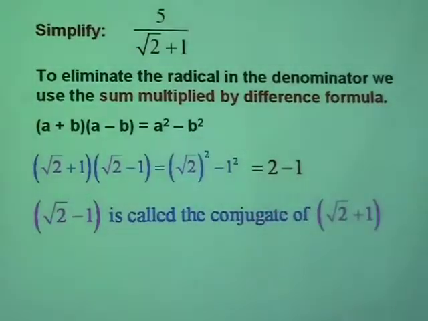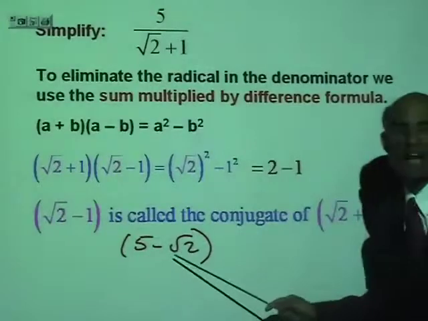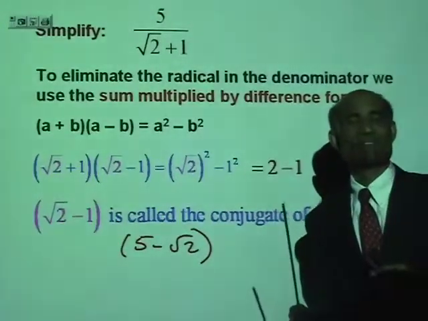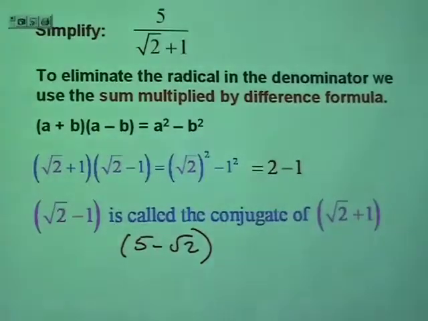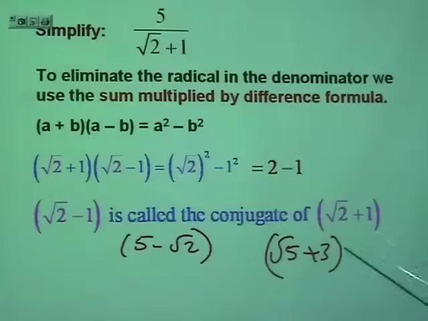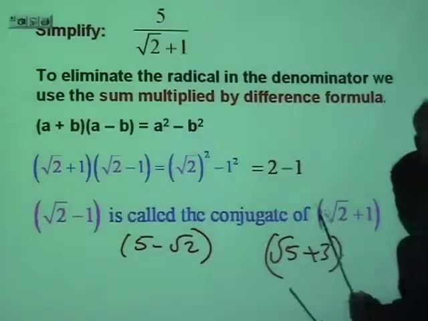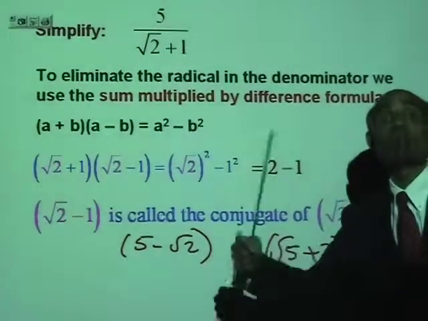Alright, in that case, tell me, what is the conjugate of 5 - √2? It will be 5 + √2. Is that right? What is the conjugate of √5 + 3? It will be √5 - 3.